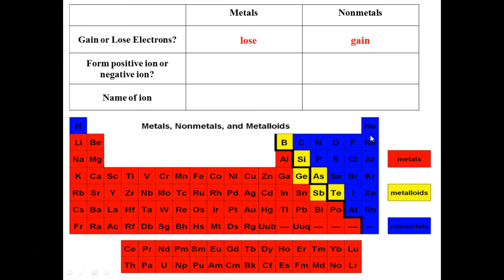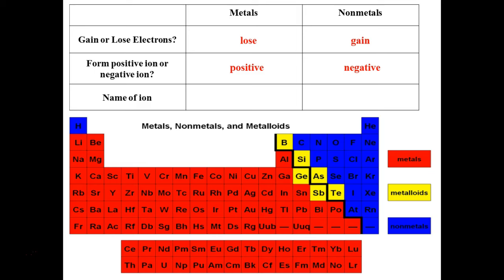The metals, when they lose those electrons, are they going to form a positive ion or a negative ion? They're going to form a positive ion because you got rid of a negative. It's a weird concept, but if you get rid of a negative, you become positive. And then the nonmetals, when they gain those electrons, are they going to become positive or negative? Well, they're going to become negative.